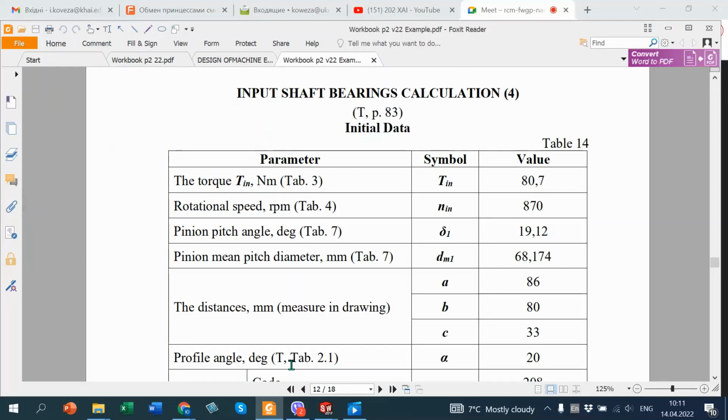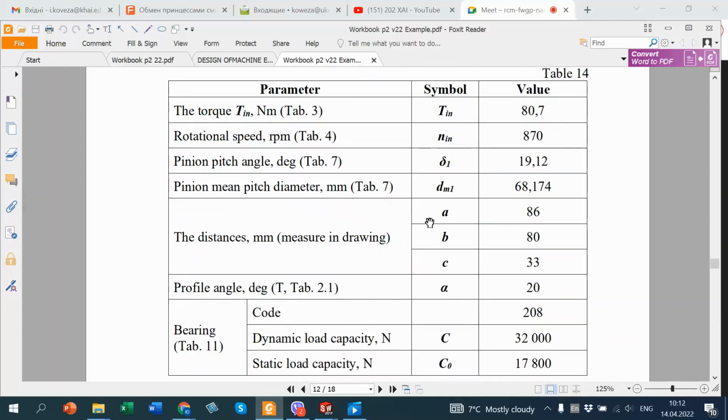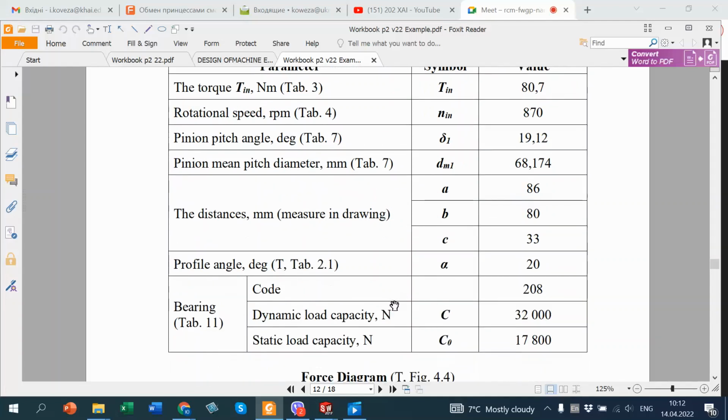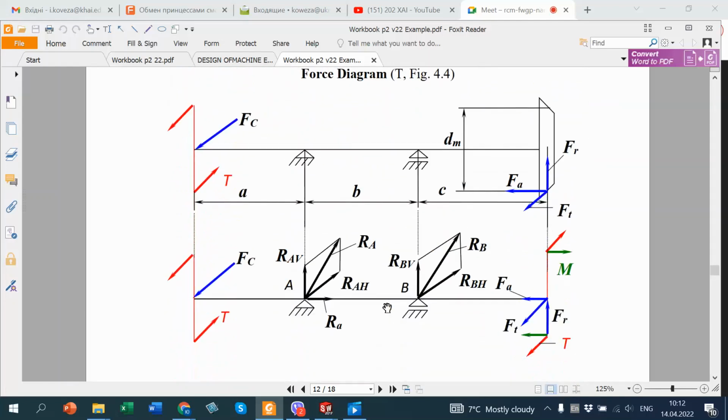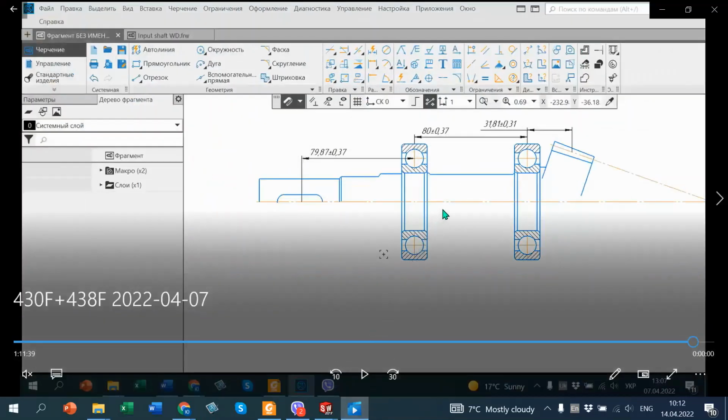So to calculate input shaft bearings, we need to know distances A, B, C. In previous class, we discussed this question, and I showed you how to find distances A, B, C. Approximately 80, 80, 32, 33, approximately.